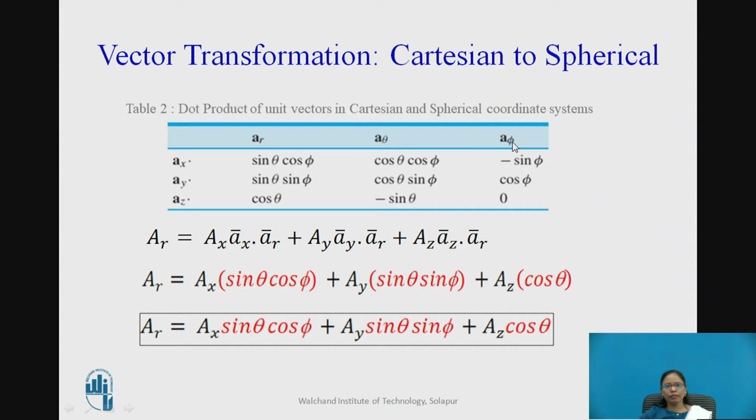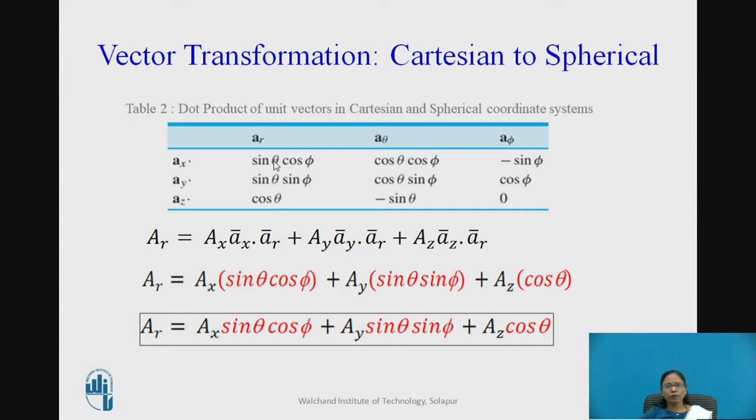Horizontally, ar bar, a theta bar, a phi bar are the unit vectors in spherical. So I consider the previous equation, ax bar dot ar bar, ay bar dot ar bar plus az bar dot ar bar. Now my job is to find this dot product, ax dot ar, so I need to locate the point where I can get ax dot ar.